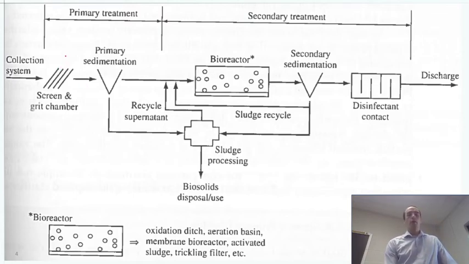So there's often some sort of a bar, screen, rack type of situation. Grit removal, that's pretty common. We do that in surface water treatment for drinking as well, for obvious reasons. It will be a mess, but it'll collect stuff.